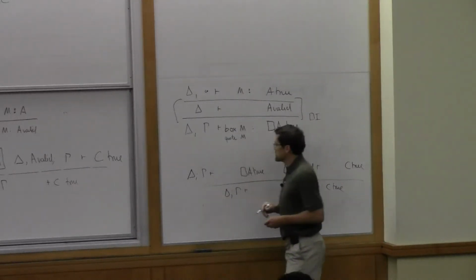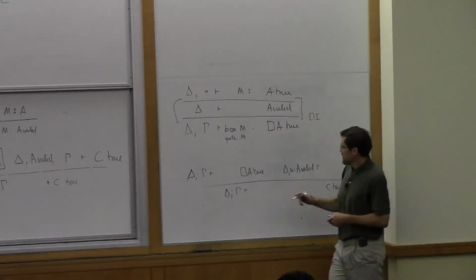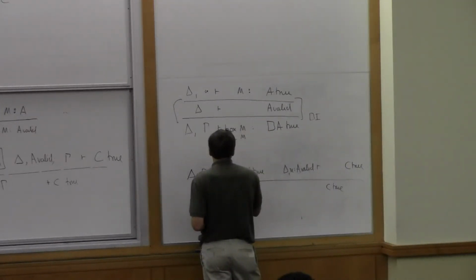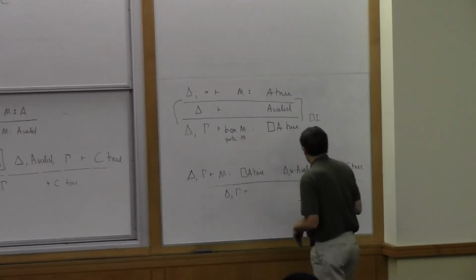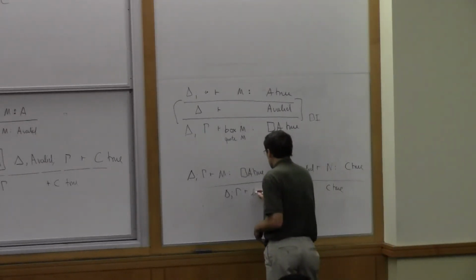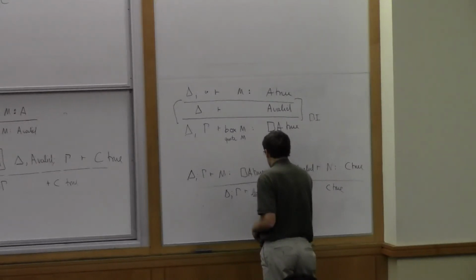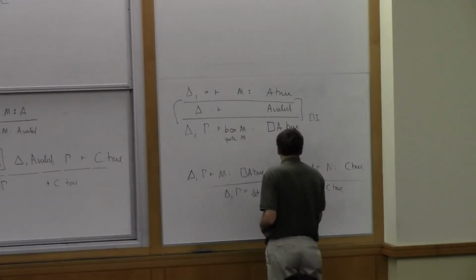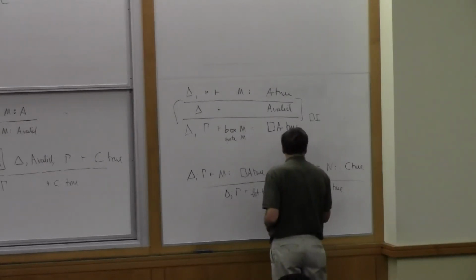We're quoting an expression. And if you have a term M of type box A true, and a term N of type C true, then we get some kind of elimination form like this: let box U equals M in N.